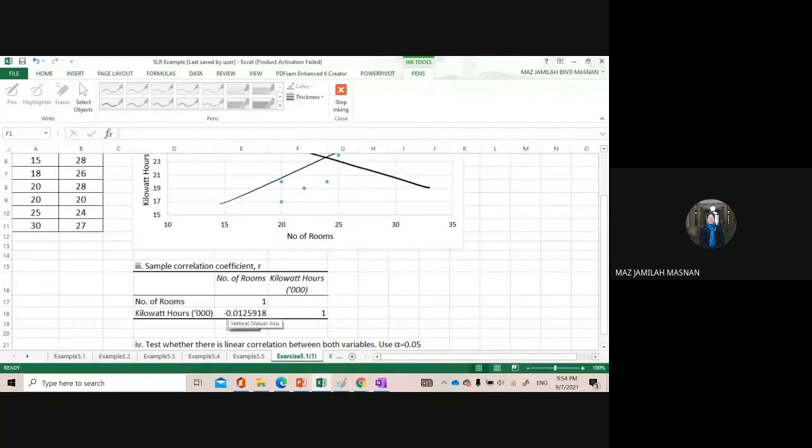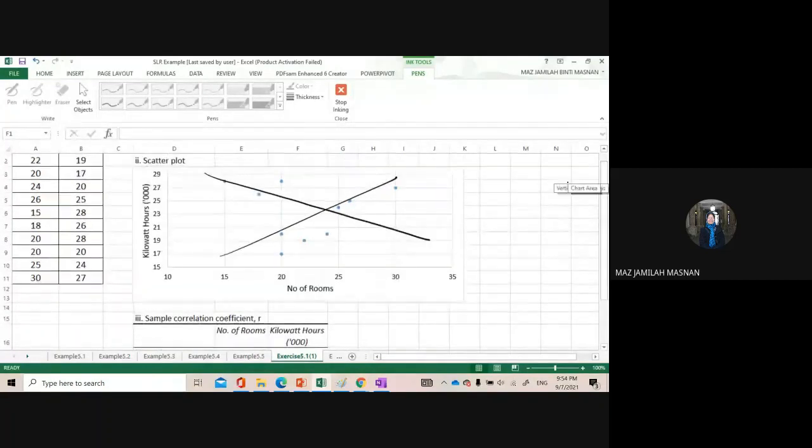If you look at your r, it is given by a negative value. So we know that in this case the relationship between number of rooms and kilowatt hours is in the negative direction. When we have a negative direction, it means that if x increases, y decreases.